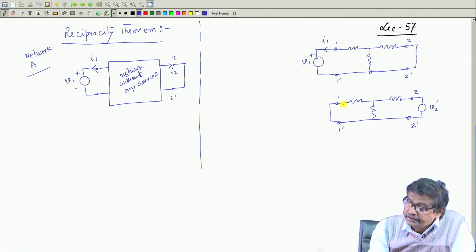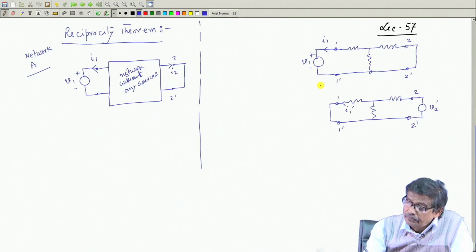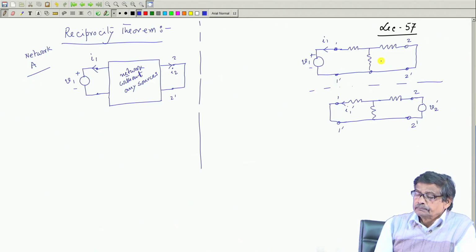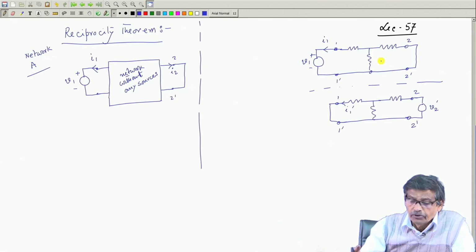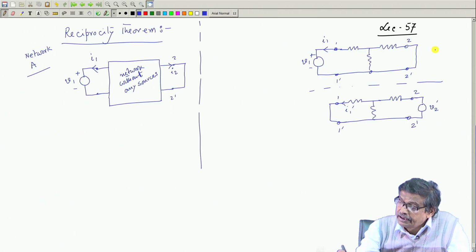Then can I predict this current? So, these two networks, so far as their topologies are concerned, are identical. Therefore, for both of them, this is suppose network A and network B.